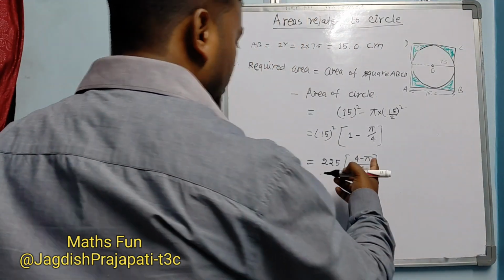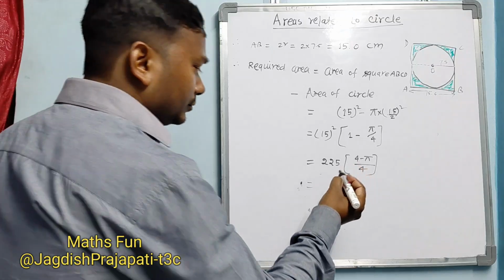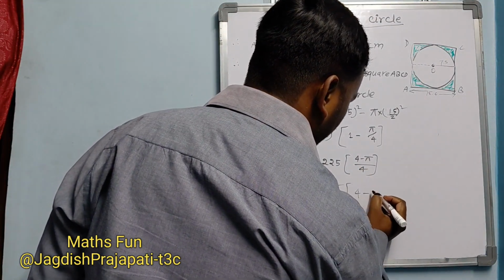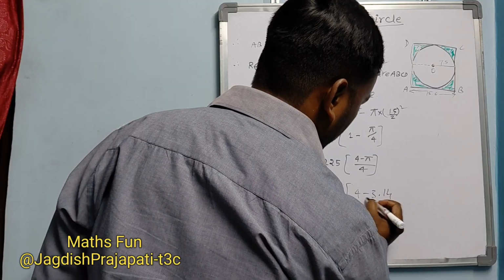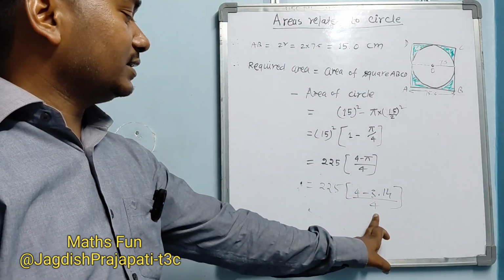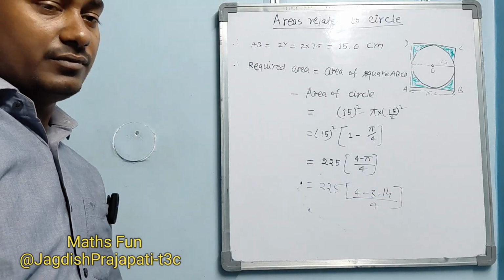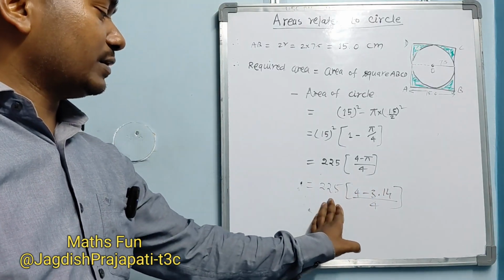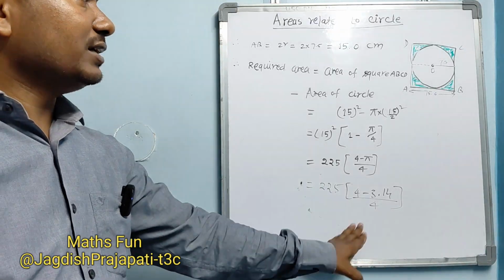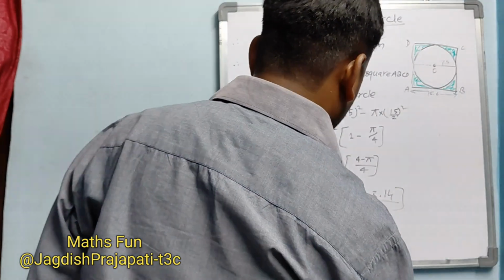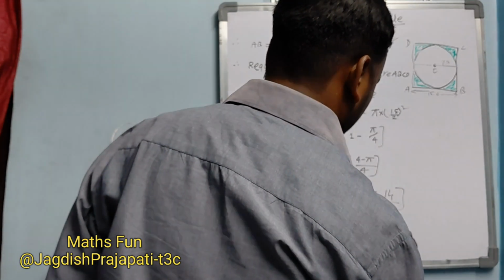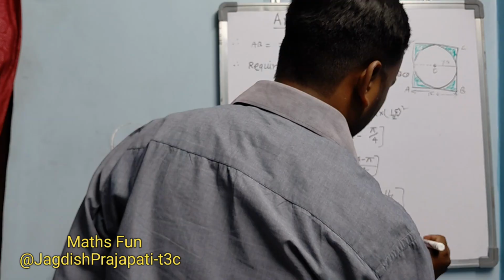Okay, so you can use any value. 225, 4 minus 3.14 divided by 4. Now you subtract this and then divide by 4, and then you have to multiply with 225. So that will give you the area in square centimeter. So the area will be in square centimeter. You can write like this or like this.